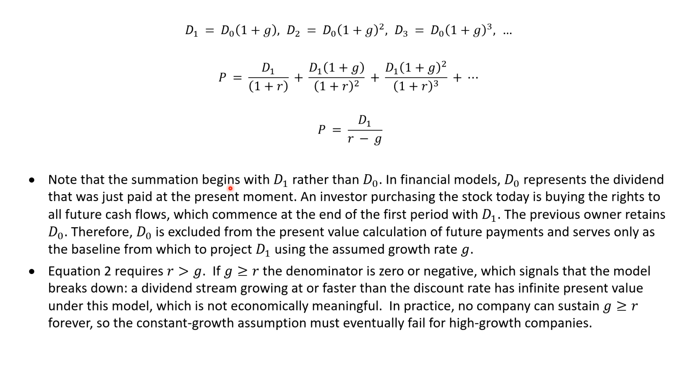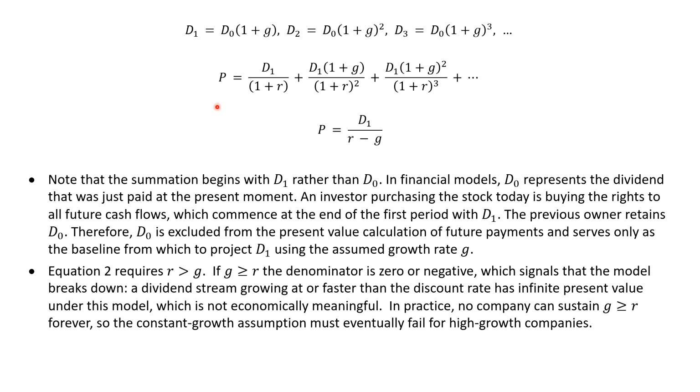And the investor purchasing the stock today is buying the rights to all future cash flows, which commence at the end of the first period with dividend D sub 1. The previous owner retains D sub 0, therefore D sub 0 is excluded from the present value calculation. So you can see here we started with D sub 1 in our calculation.